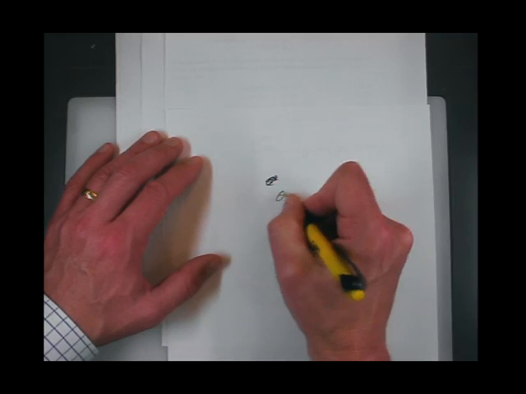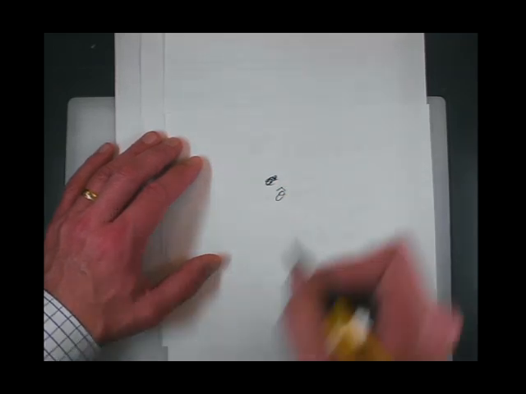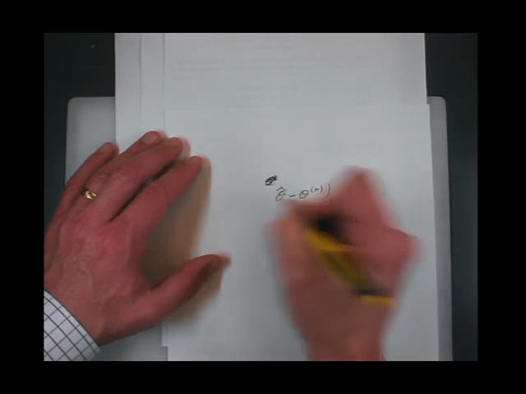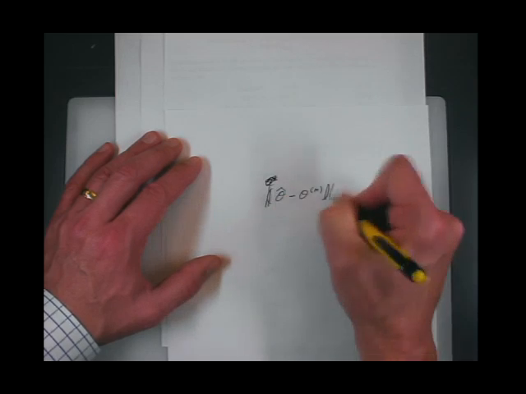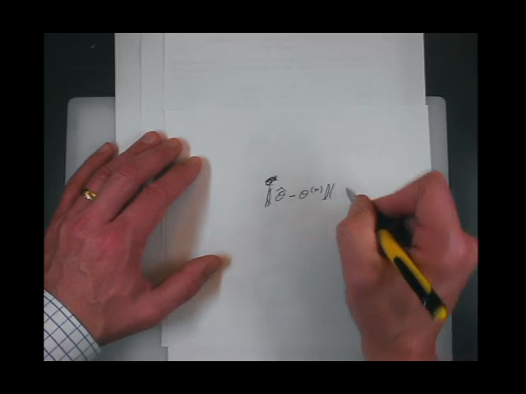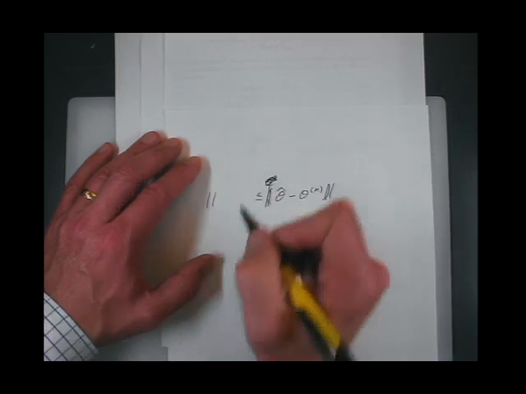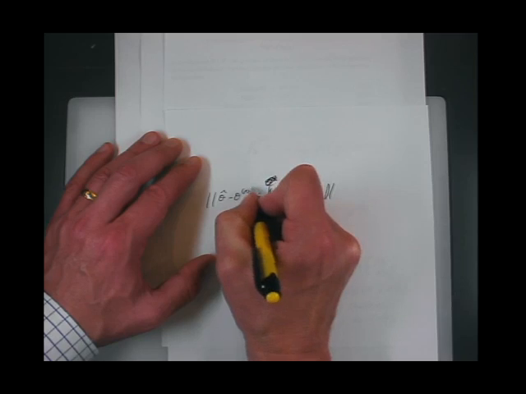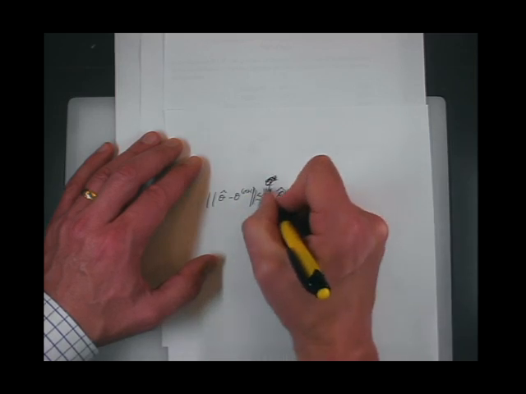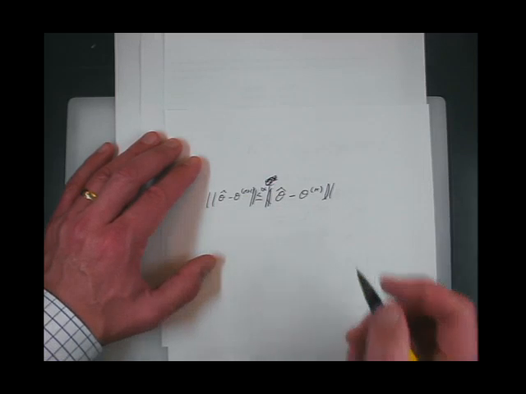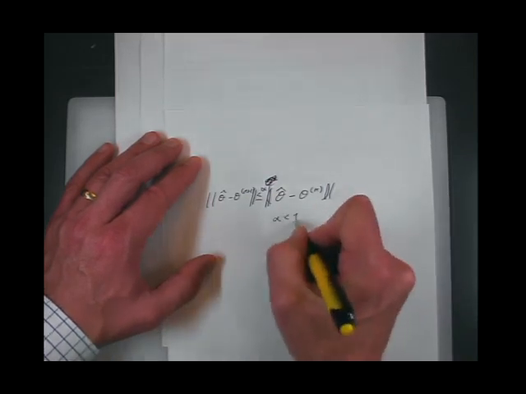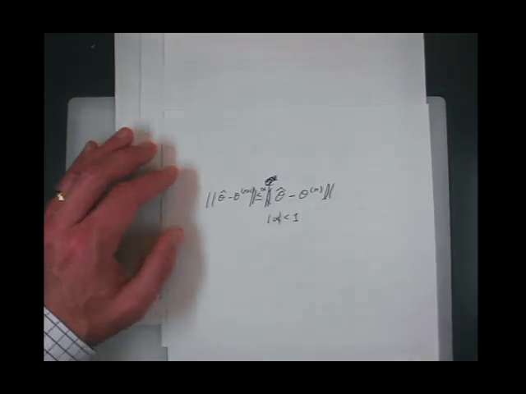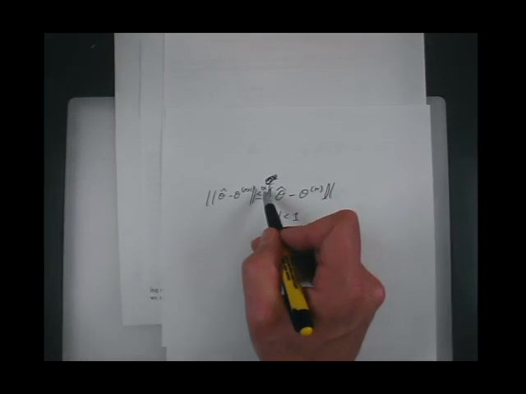And if each theta_k has the property that the norm of theta_(k+1) minus theta hat is always less than some alpha times the norm of the previous one, where the magnitude of alpha is less than 1, then you're pretty much guaranteed to converge, even if this alpha is small.